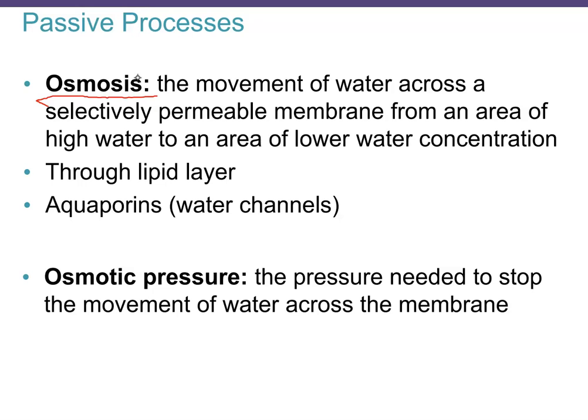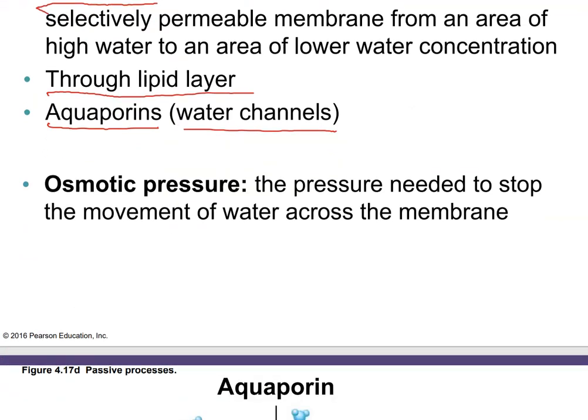Now, when it comes to biological membranes, because water is such a small molecule, a little bit can move through the phospholipid bilayer just by virtue of it being small. And then the majority will have to go through aquaporins, which are water channels. The osmotic pressure is the pressure needed to stop the movement of water across the membrane, so to block it or push against the osmosis that wants to occur based on concentration gradients.